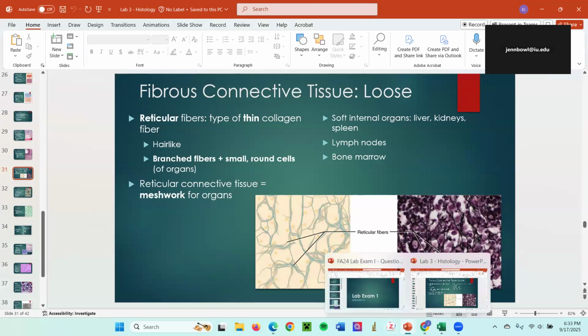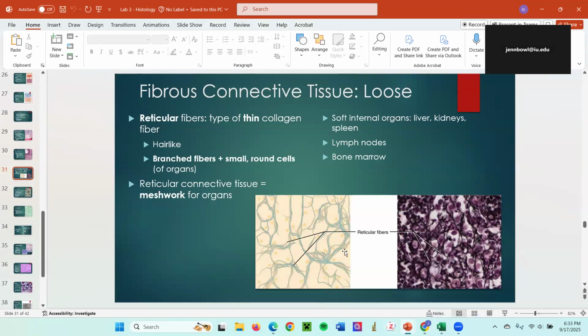Alrighty. And I did have a question about this from a student, so I do want to clarify, where would we find this reticular connective tissue? Really what happens is these reticular fibers, the stuff that looks like threads that you see in blue, would weave between the cells of an organ system. So if we were looking at the kidneys, we might see these reticular fibers weaving through the actual cells of the kidneys.